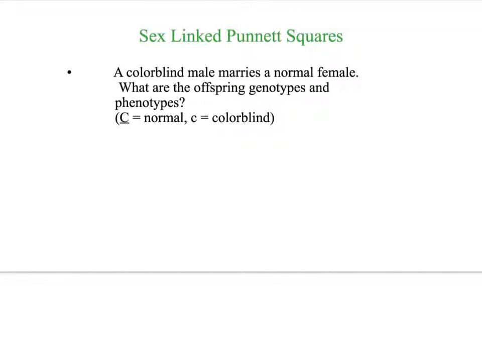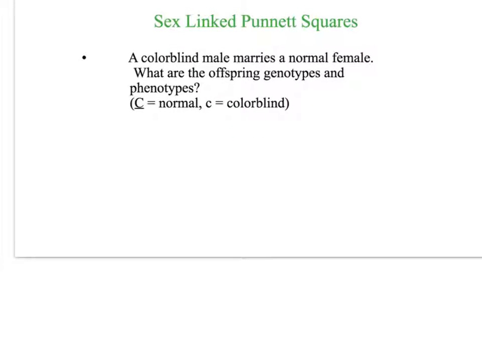So let's look at what a sex-linked Punnett square actually looks like. If we have a colorblind male marrying a normal female, what are the offspring genotypes and phenotypes? I'm going to actually not use C because it's confusing and I will mess it up.